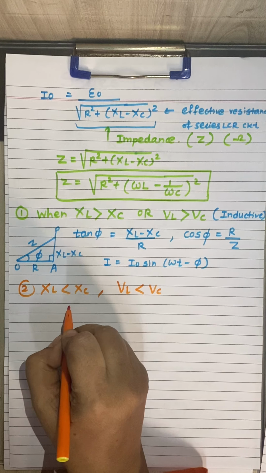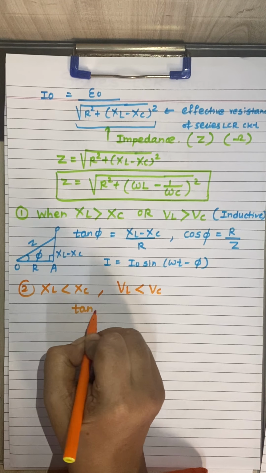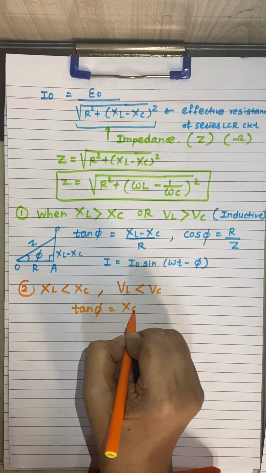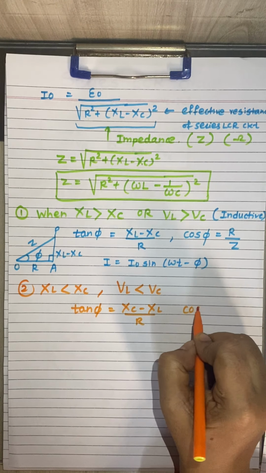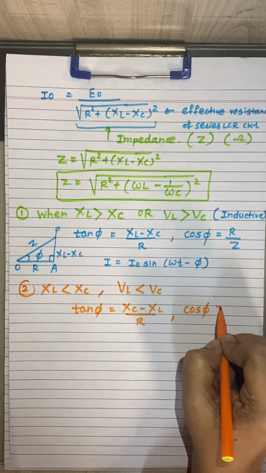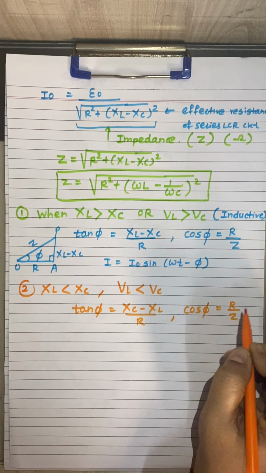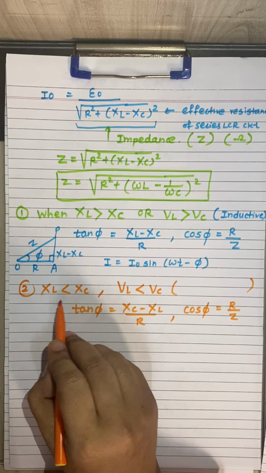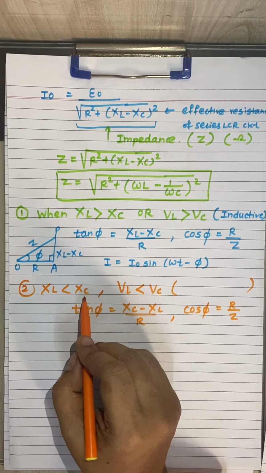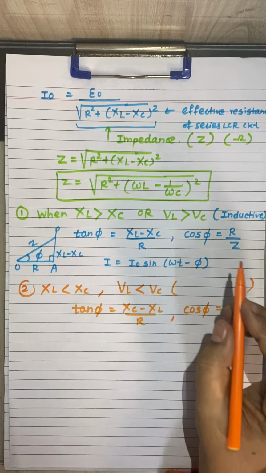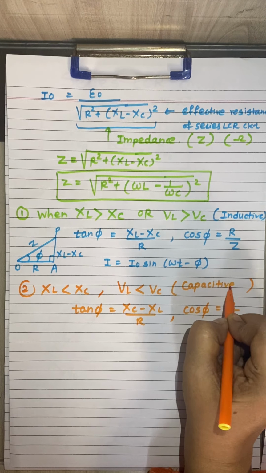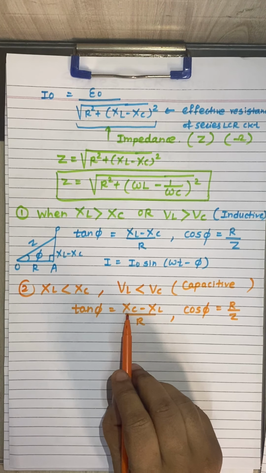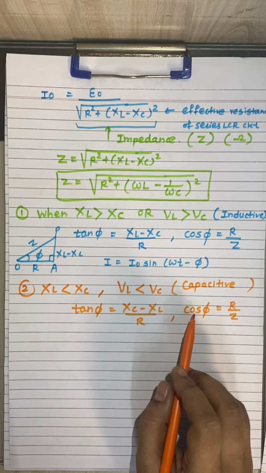Then tan phi is equal to XC minus XL upon R, but cos phi remains the same: cos phi is equal to R by Z only. As XL is less than XC, we consider this circuit a capacitive circuit, because we have taken XC minus XL.